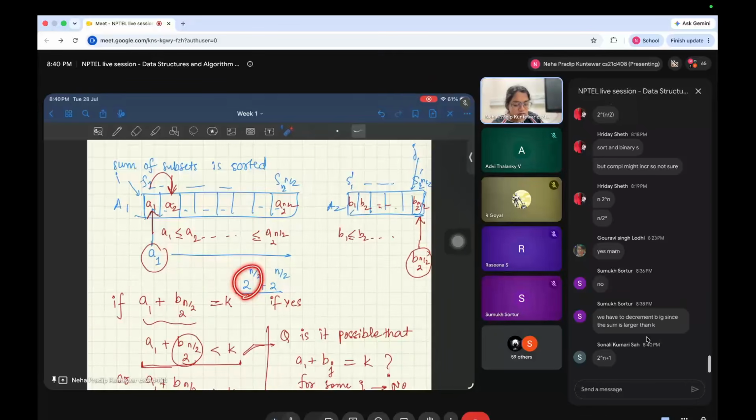So this is 2 to the n by 2, the size of the array, plus 2 to the n by 2. So this is 2 times 2 to the n by 2. Does that make sense? The size of your array was 2 to the n by 2, right?